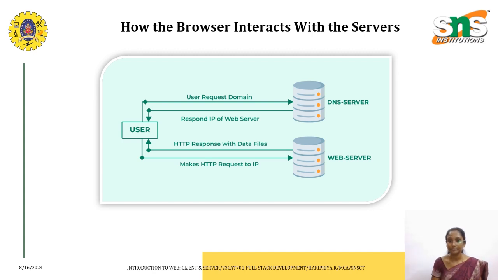DNS entry. Clear, guys? Okay, the user will be giving the request through the DNS. The DNS will respond through the web server with the IP address, which IP address you have to reach for the website. Clear? Now after that HTTP will be stored in our data files.